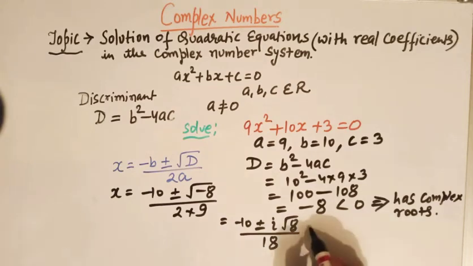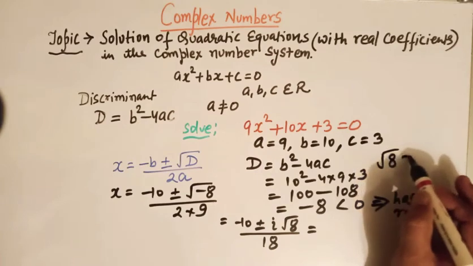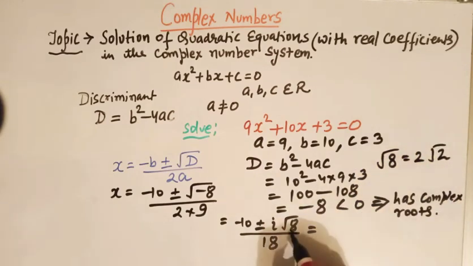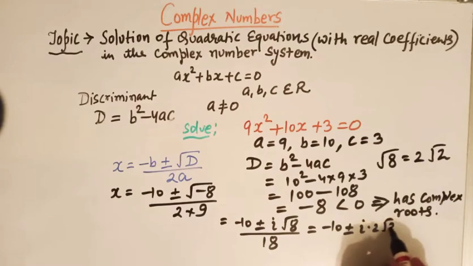Clear? Now the square root of 8 is equal to 2 root 2, so if we substitute it here, we have minus 10 plus minus i times 2 root 2 divided by 18. Clear?